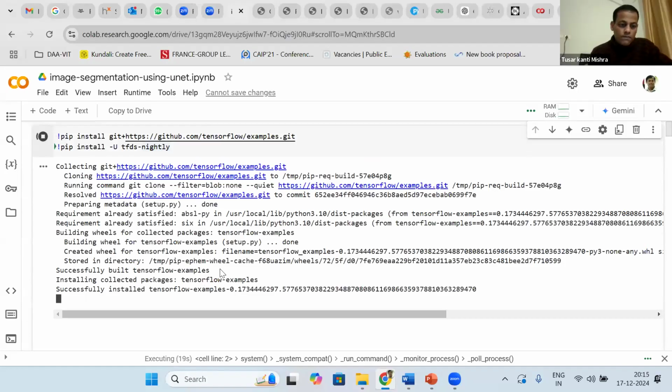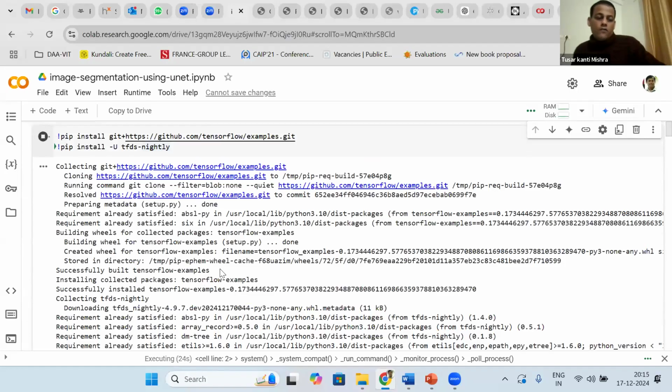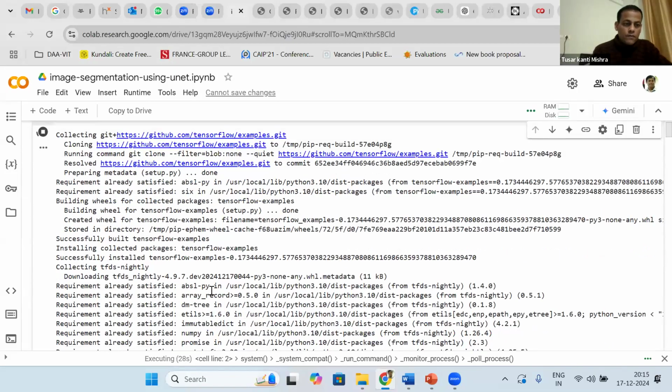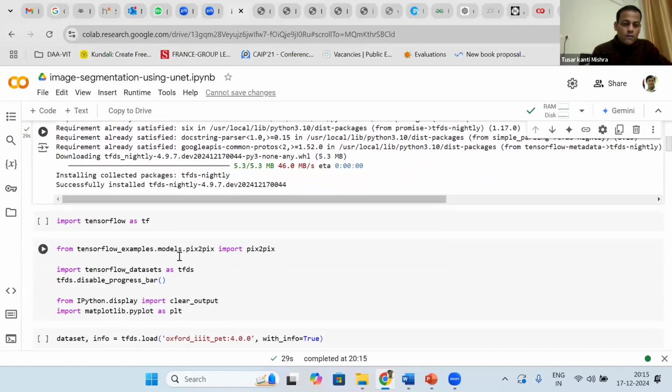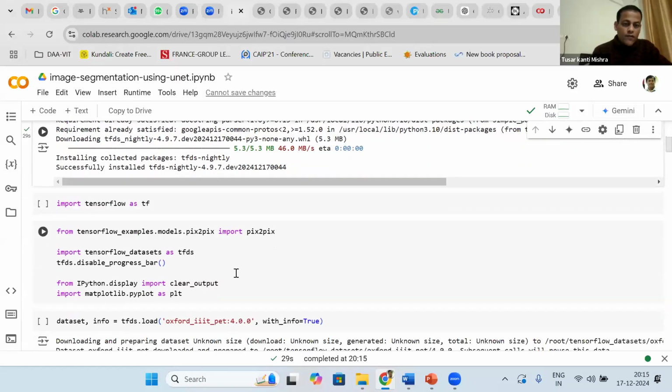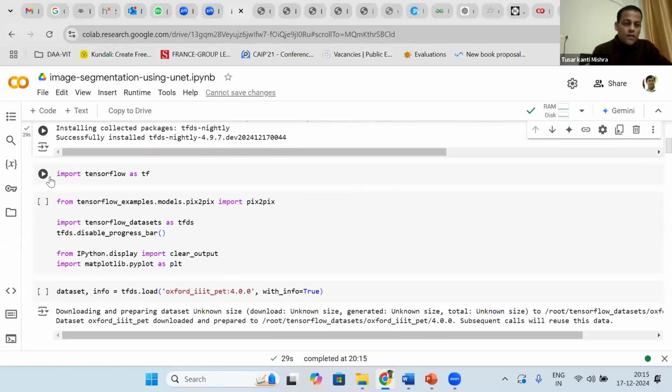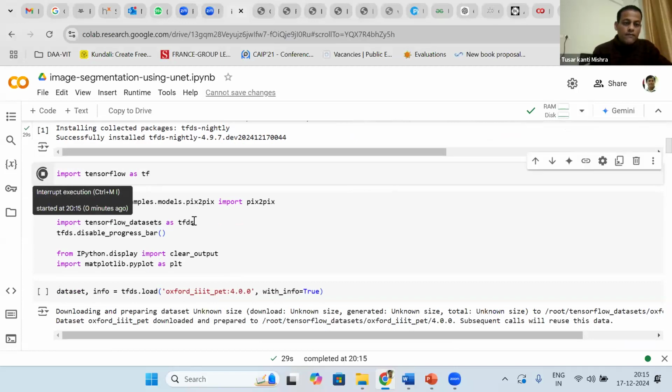Okay, so little more time. It is taking a little more time. Now it has successfully installed the TensorFlow and TensorFlow TFDS, TensorFlow dataset nightly version 4.9, and now we are importing TensorFlow.